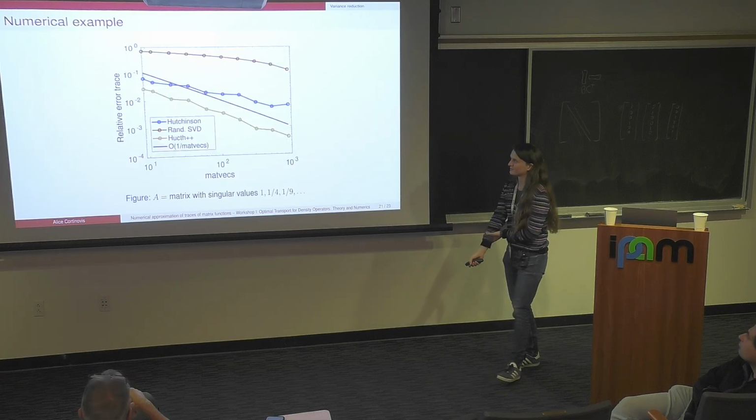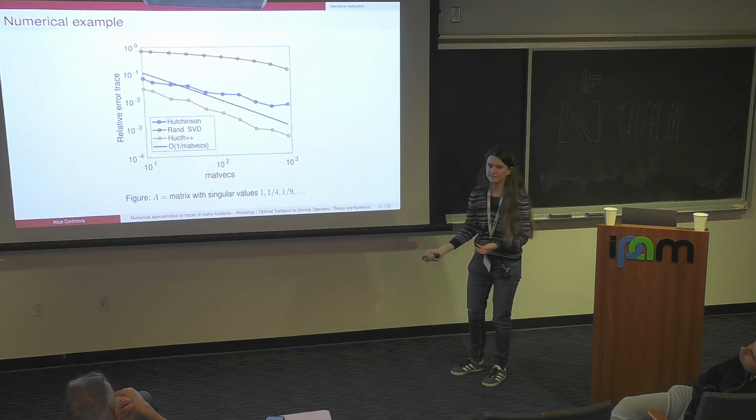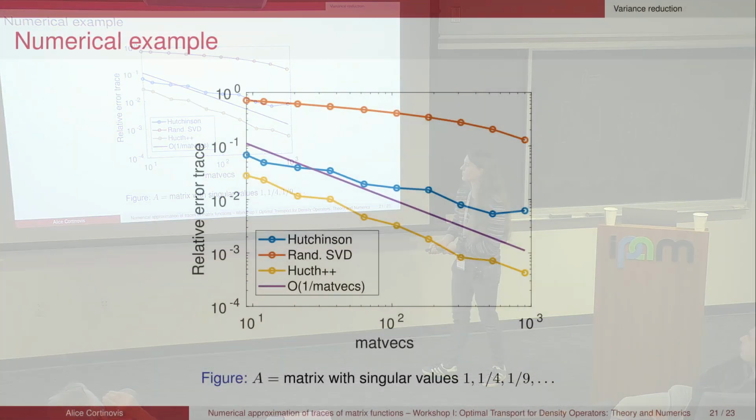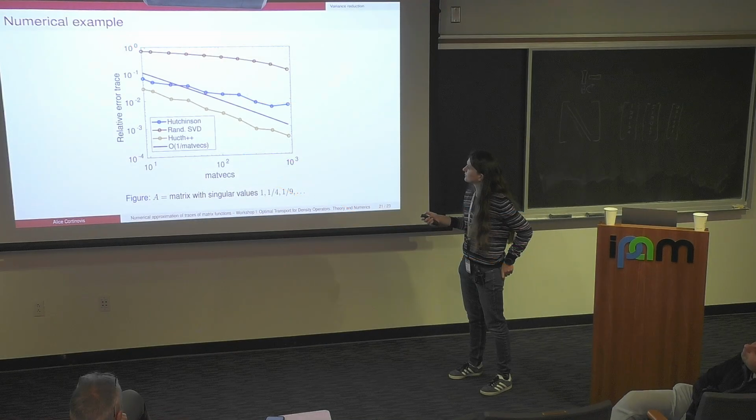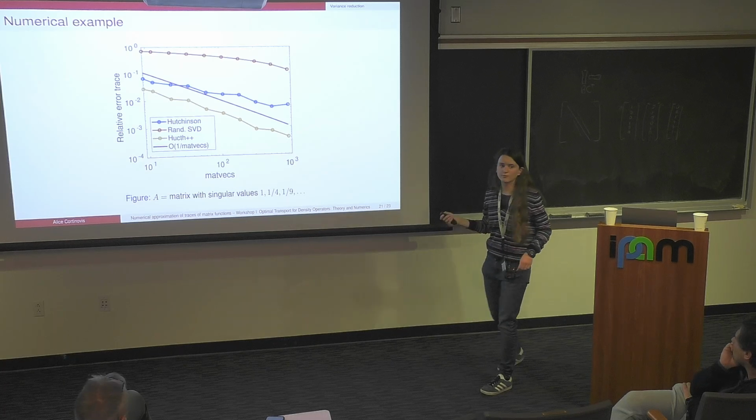I want to show you an example of what this variance reduction really does. So here I took a matrix with singular values 1, 1/4, 1/9, and so on. So they decay, but not extremely fast. And I'm showing, so the red line is the trace of the low rank approximation.